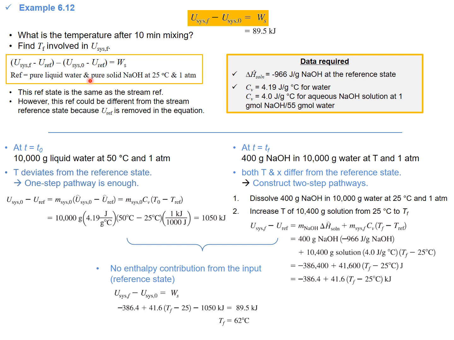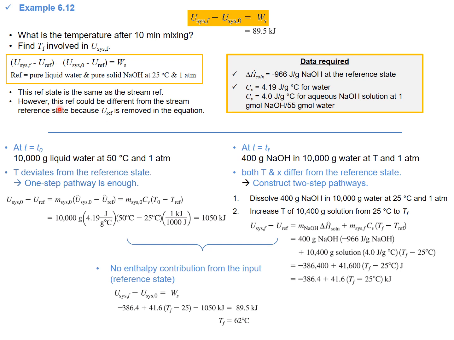1 atm. This reference state is the same as the stream reference, so we have considered the input enthalpy as 0 because the solid sodium hydroxide at 25 Celsius degree and 1 atm was the reference state. So this reference state is the same as the stream reference state.